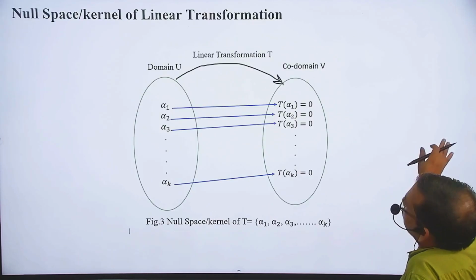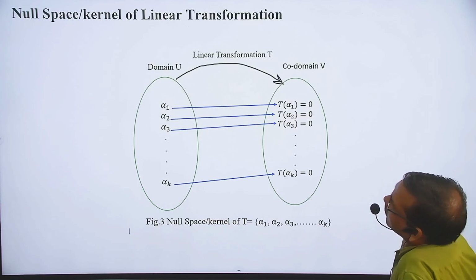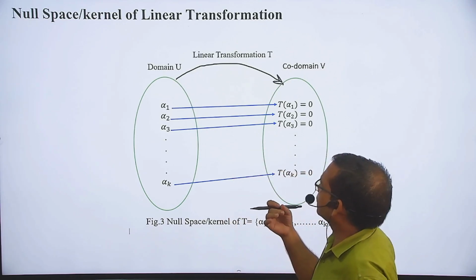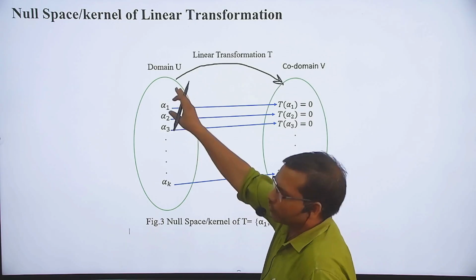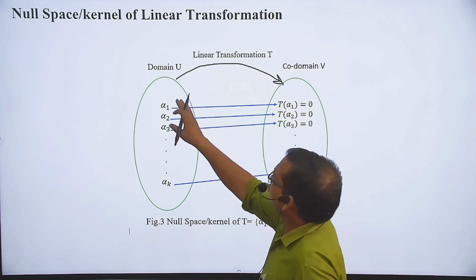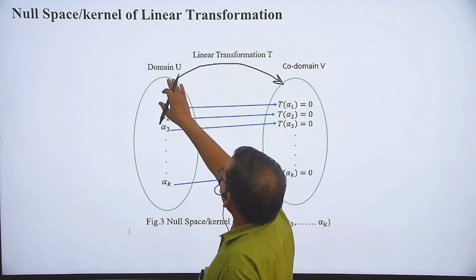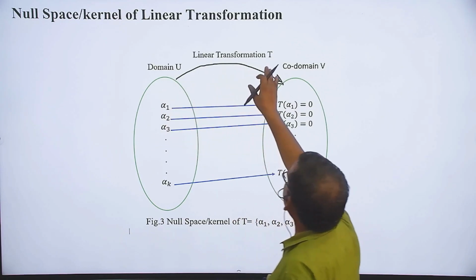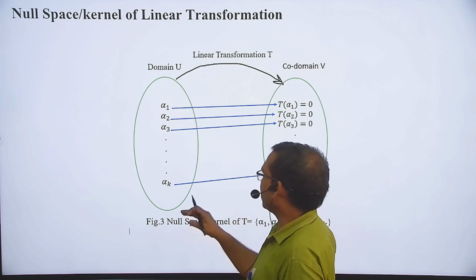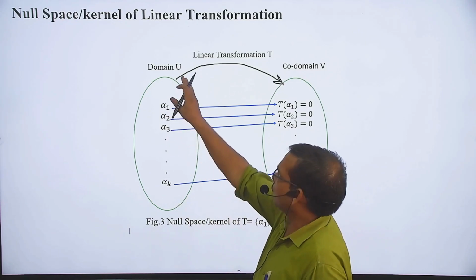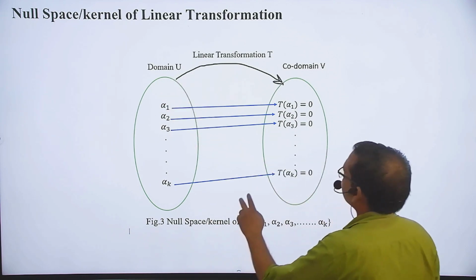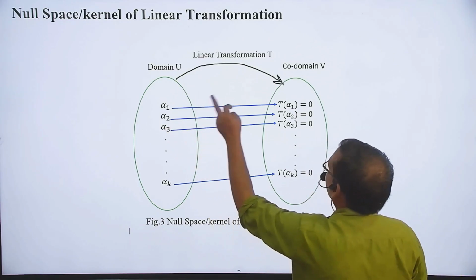Second, kernel or null space. In the kernel or null space, there are elements of the domain that have image 0. Suppose U is the domain of the linear transformation T and the codomain is V, and alpha 1, alpha 2, alpha 3, up to alpha k are elements of the vector space of the domain U, and let alpha 1 have image 0.